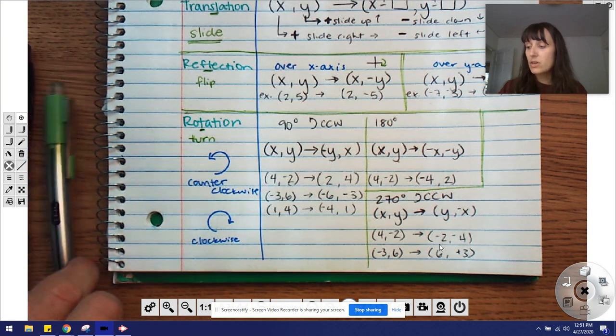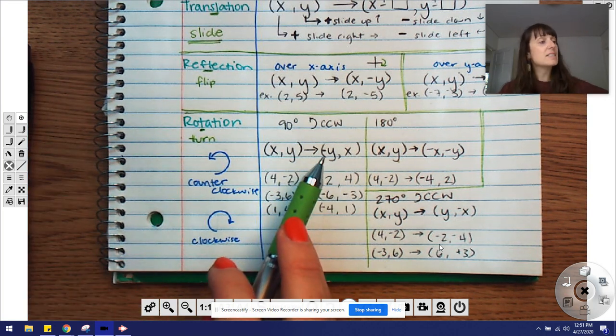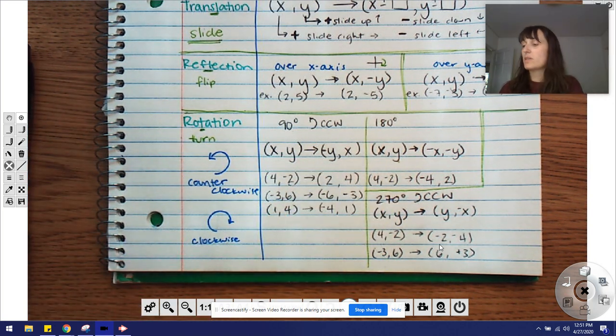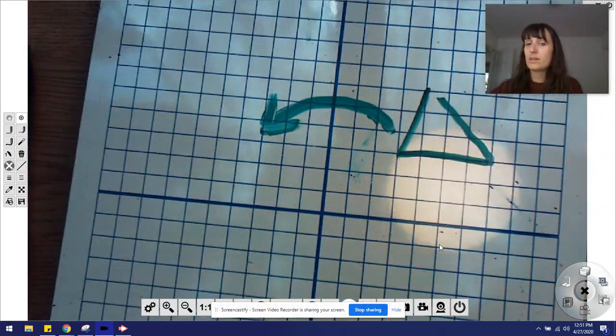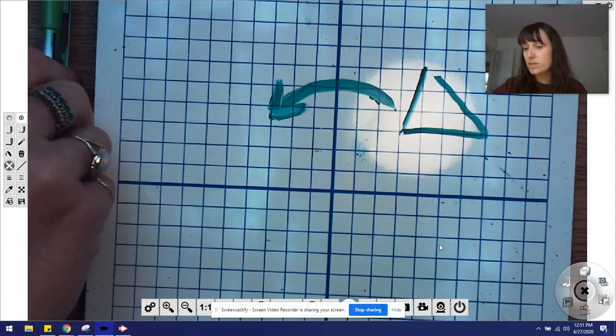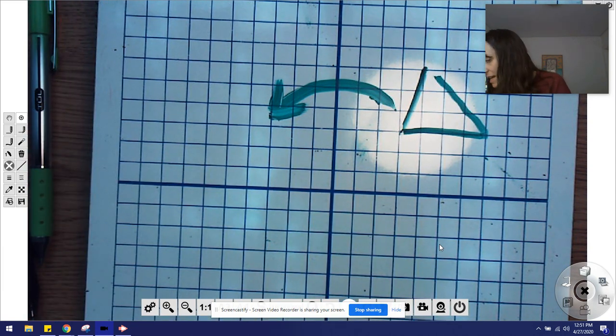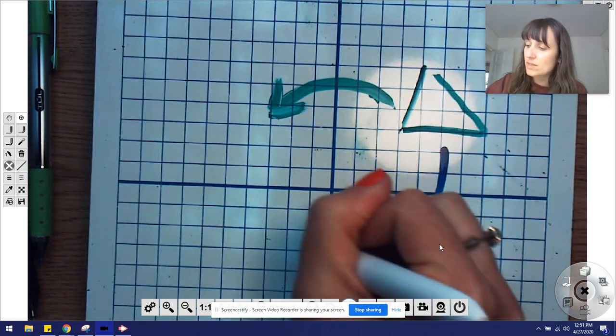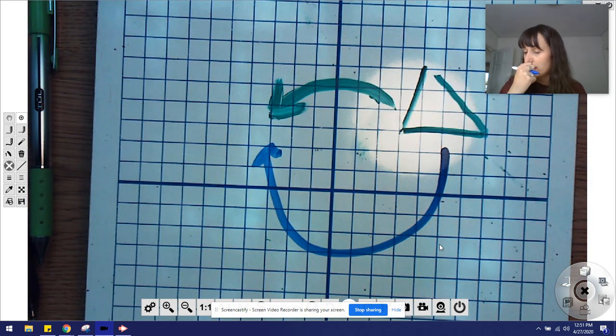One last thing to note is a 90-degree clockwise rotation. You can see a 90-degree counterclockwise rotation is actually the same as a 270-degree clockwise rotation.